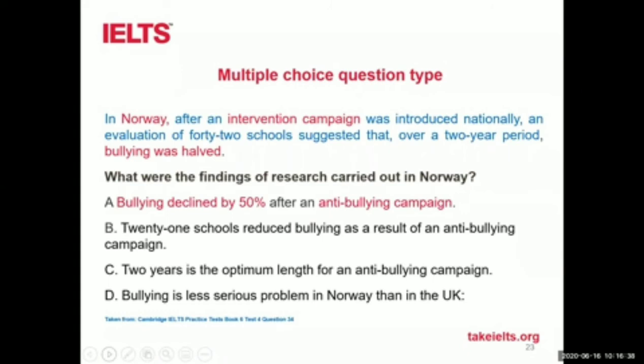B is wrong, because it says 21 schools reduced the bullying, but the text doesn't say this. It happened across 21 schools. C is wrong, because it says 2 years is the best time for the anti-bullying campaign. The text has no mention of this. D says bullying is worse in the UK. The text doesn't even mention the UK. Excellent.